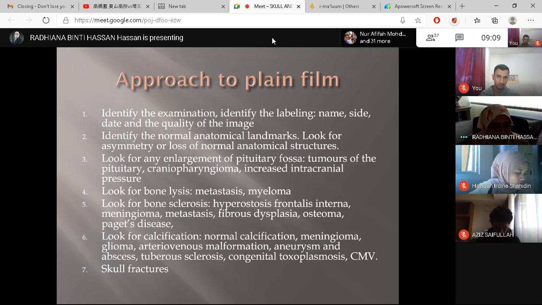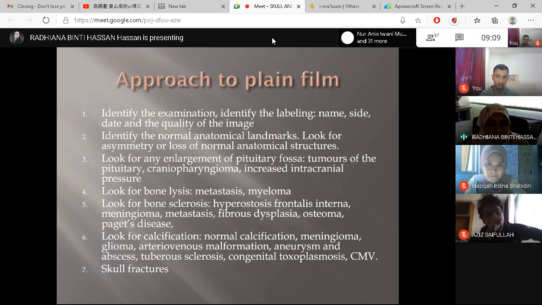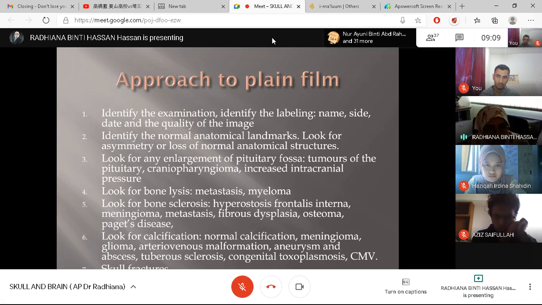That means number 1, 2, 3, 4, it is not necessarily that you follow this sequence. But whatever it is, you should stick to your technique so that you are not going to miss anything when you interpret the skull radiograph.